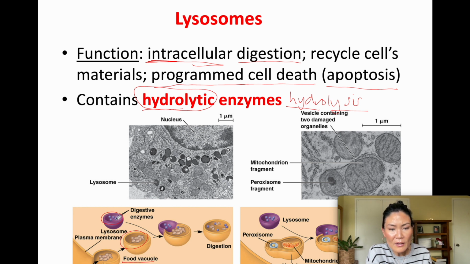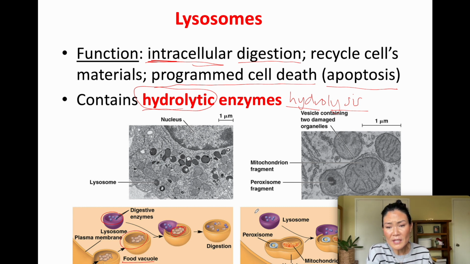The membrane of, again, when I say membrane, you should think it's a phospholipid bilayer, okay? The membrane of the lysosome is going to fuse with the food vesicle or food vacuole, and now those enzymes are going to start breaking down that food. So now you have food in smaller pieces, which can be digested by that cell.